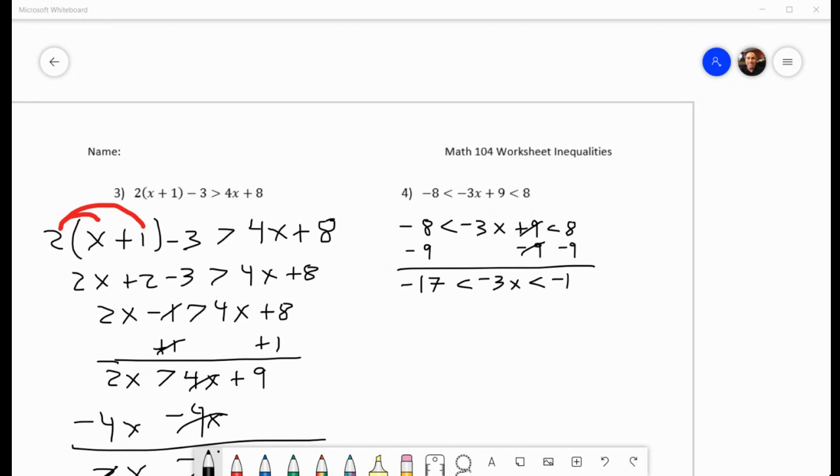Now, we're almost there, right? We don't want negative 3x in the middle. We want x. So we want the negative 3 out of there. How do we do that? Well, since it's multiplied by x, we get it out of there by dividing. And notice here, we're dividing by a negative, right? What's going to happen? Well, we're going to get x in the middle.